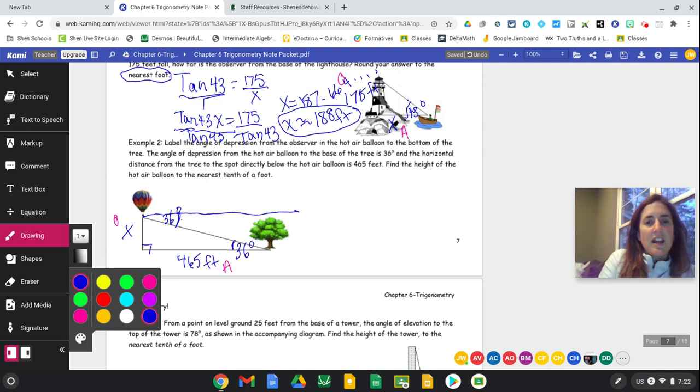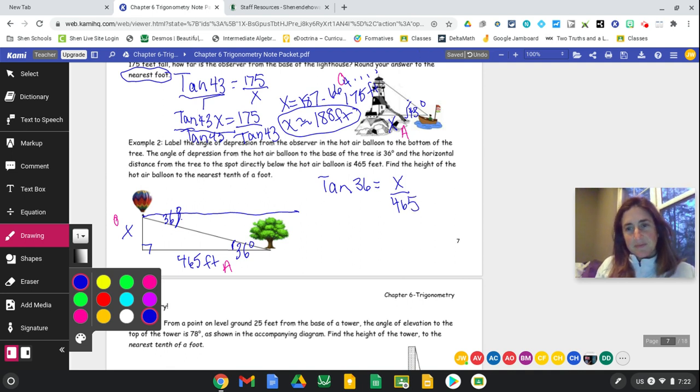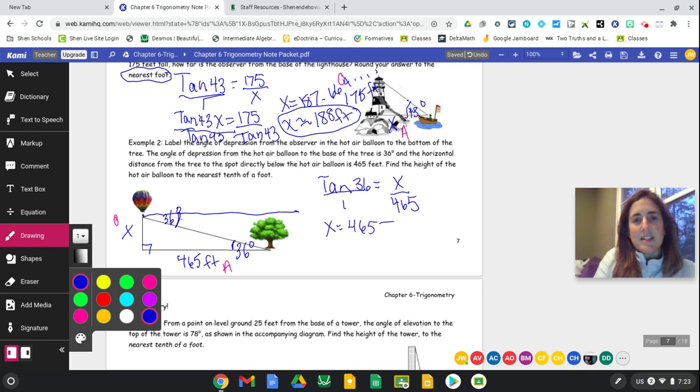So once again, I'm going to use my tangent. So the tan of 36 is equal to x over 465. This time our x is on the top of our fraction. I'm going to put this tangent of 36 over 1, and I'm going to cross multiply. So x is equal to 465 times the tan of 36.